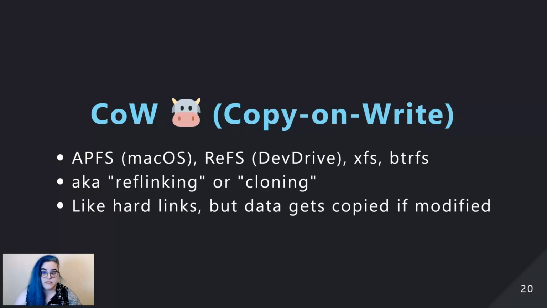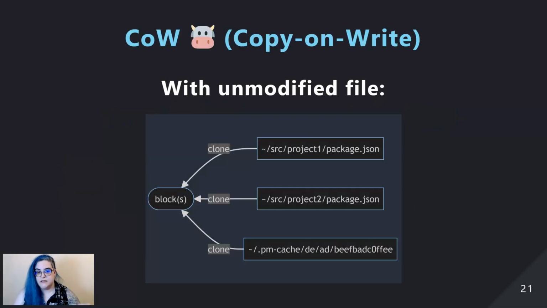It's very much like hard links, but data gets copied if it's modified. So if you modify a file, instead of modifying the original data and all the things that are pointing at the same file data, you create a new copy and you modify that copy. To illustrate, this looks a lot like our hard link example. Forgive me in advance if this is a bit simplified.